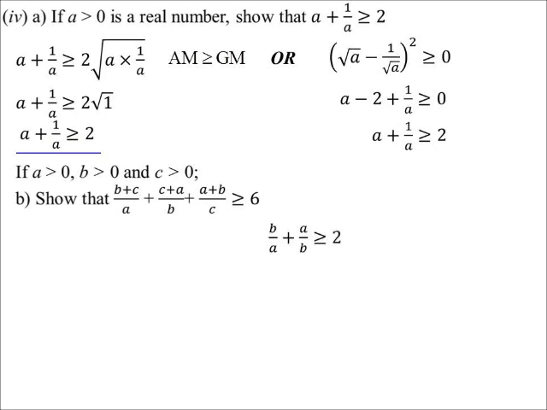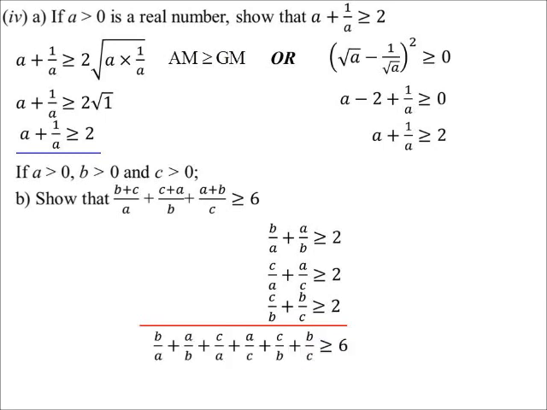See, b plus a on b would be greater than or equal to 2. But hey, that also means c on a plus a on c is greater than or equal to 2, and c on b plus b on c is greater than or equal to 2. Add them all together, and you've got b plus c on a plus c plus a on b plus a plus b on c.